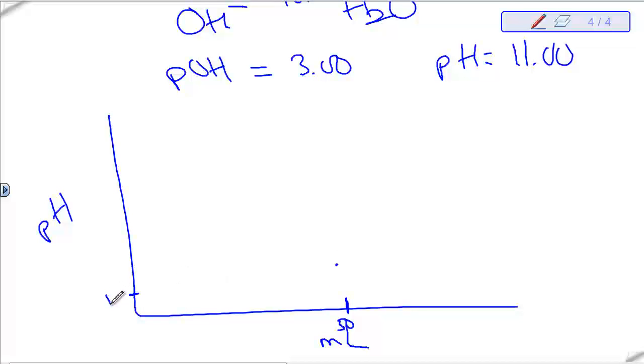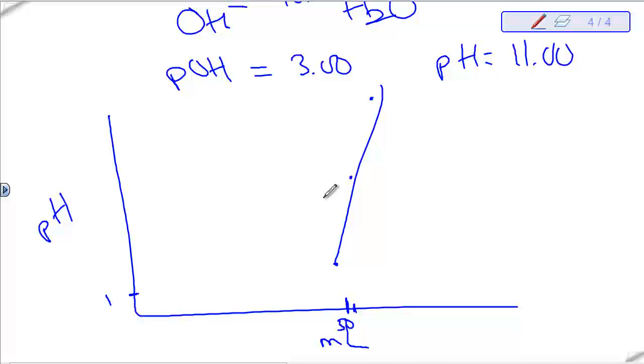Was it 1 or 2? I forget what we started at. When we added 1 more mil, what was the pH? 7. When we added 51, 1 more mil, what was the pH? 11. Look at that. An incredible jump in pH around that equivalence point.